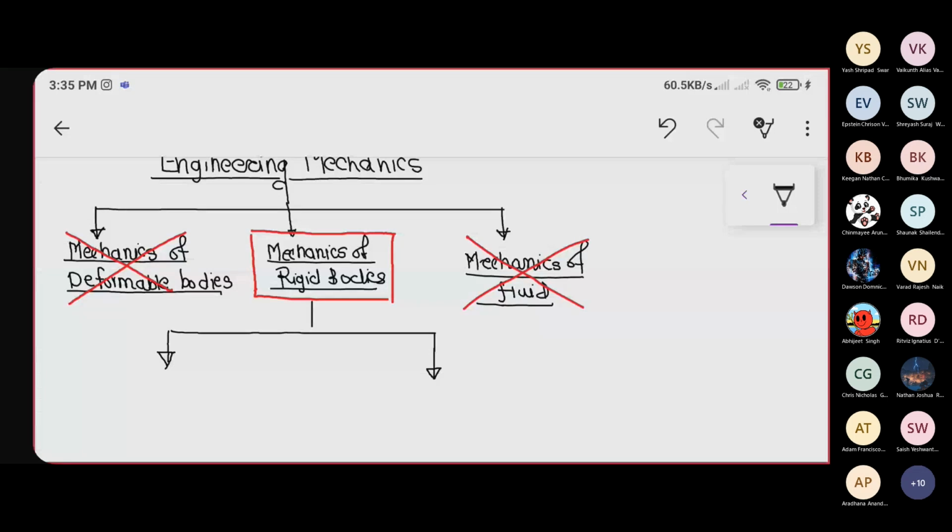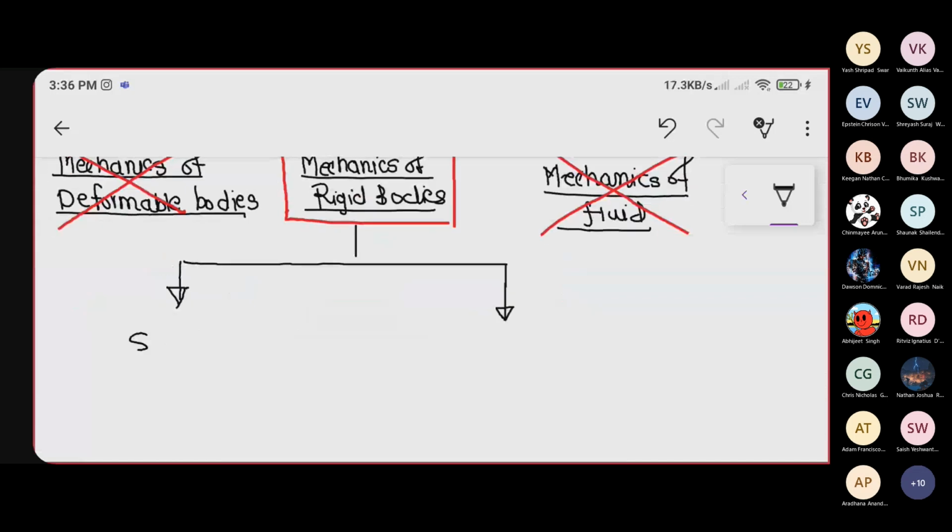Now this is again subclassified into two parts: one is statics, and the other is dynamics.